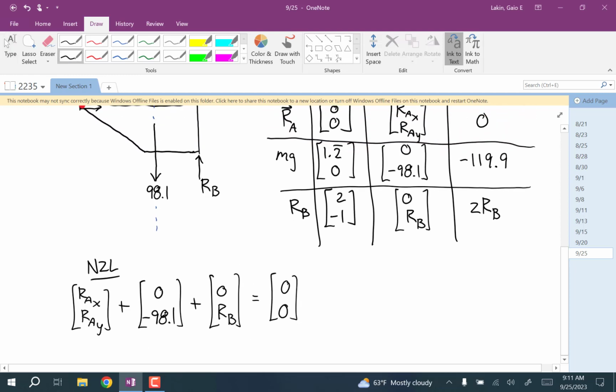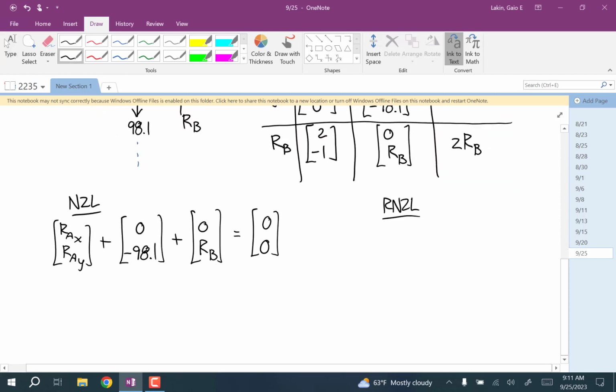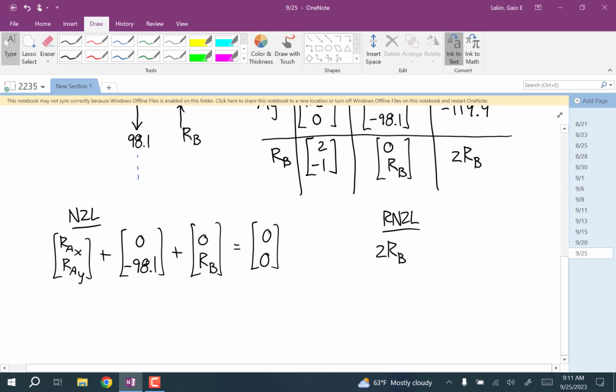And the moment equation says 2RB minus 119.9 is equal to 0. So RB is equal to 59.95.